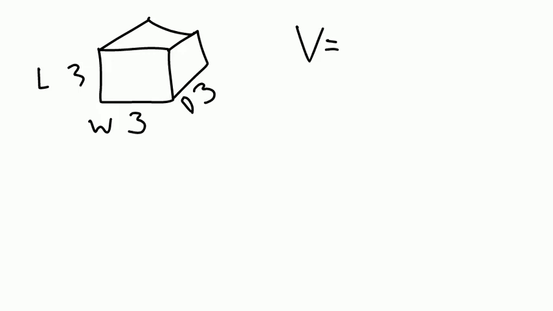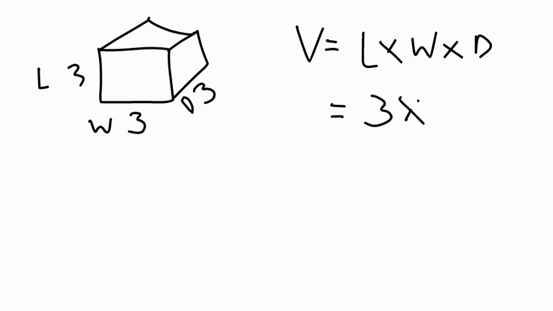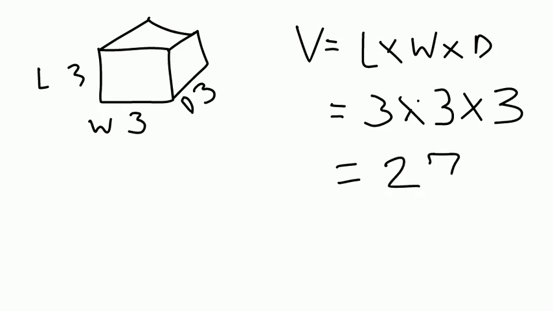We know that the volume of this is length times width times depth. And this equals 3 times 3 times 3. And if we multiply all these together, we end up getting 27. And this will be units cubed because we're going in 3 dimensions.